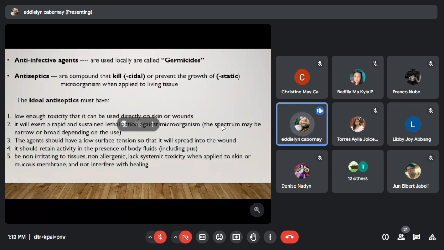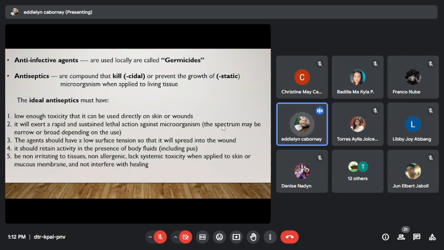So we have antiseptics. Antiseptics are compounds that kill, or cidal. Cidal means it can kill, like bactericidal. Or they prevent the growth of, static, bacteriostatic, microorganisms when applied to living tissues.